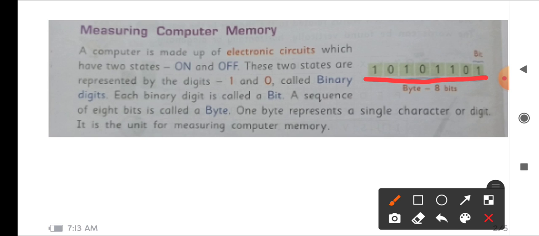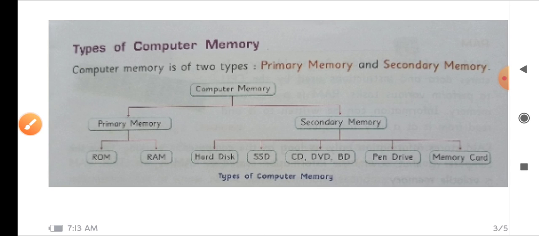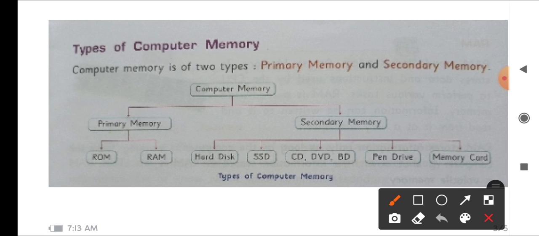Like this only the computer's memory is being measured. Now we will see the next. Now we will come to the types of computer memory. We have seen how we can measure the memory, and now we will see what the types of computer memory are.